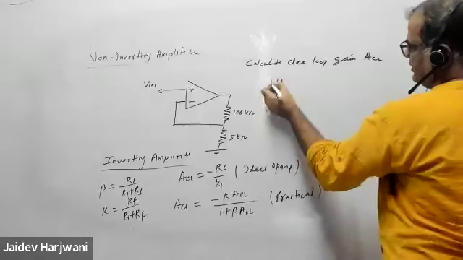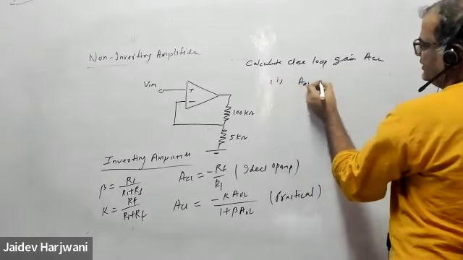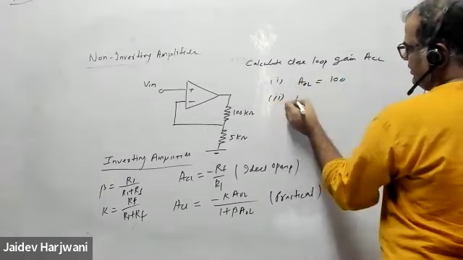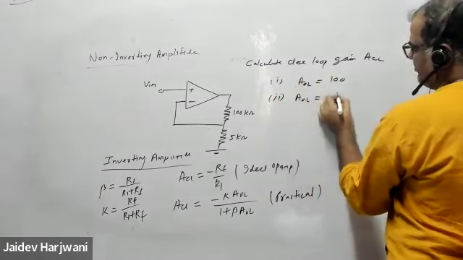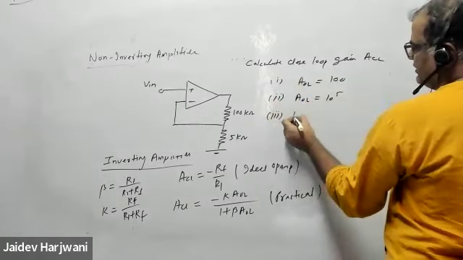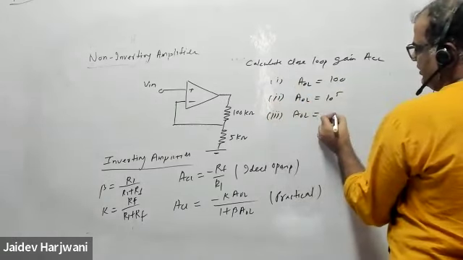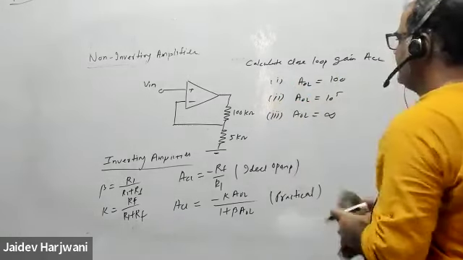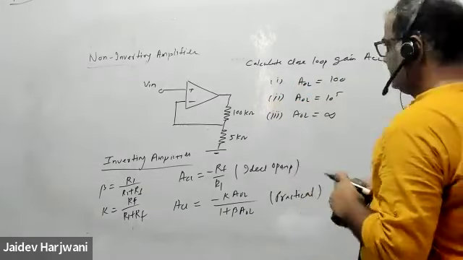For the following cases. Number one, open loop gain is 100. Second, open loop gain is 10 raised to power 5. And third, open loop gain is equal to infinite. For these cases, I need to find the gain of the circuit.